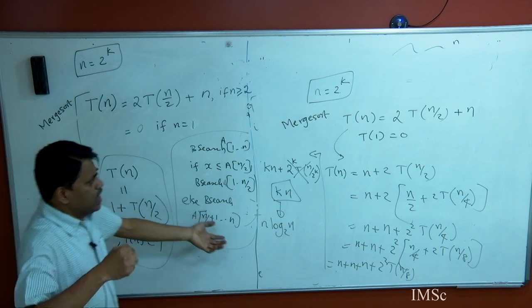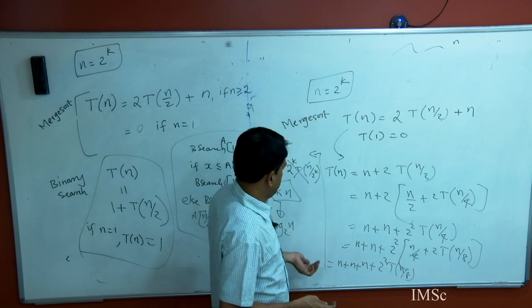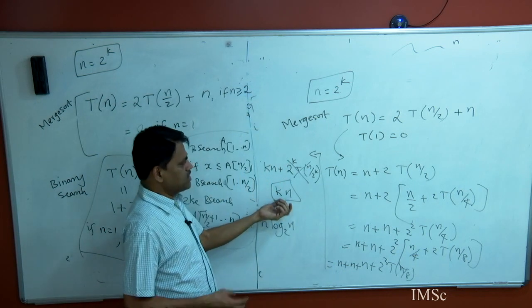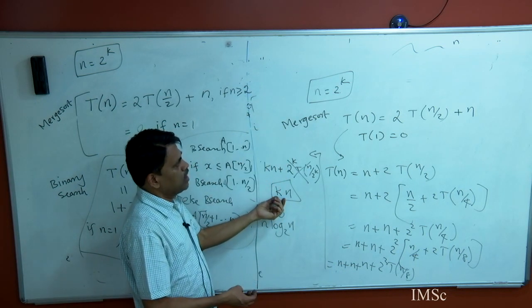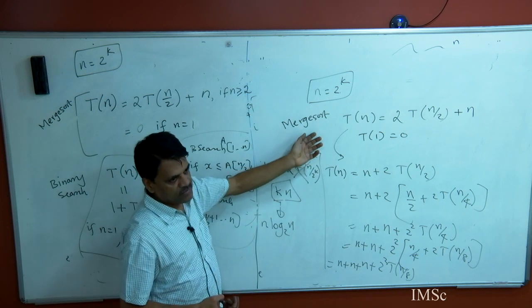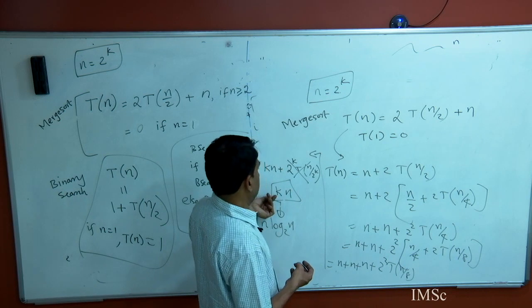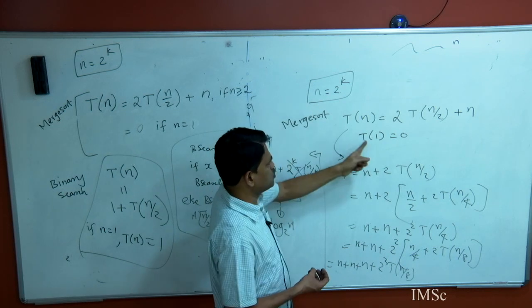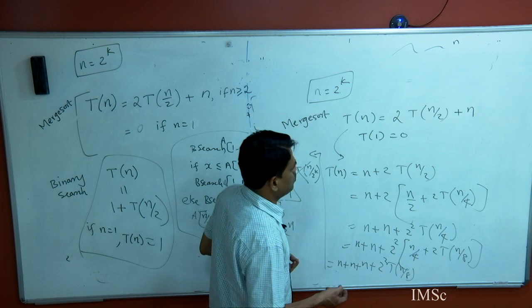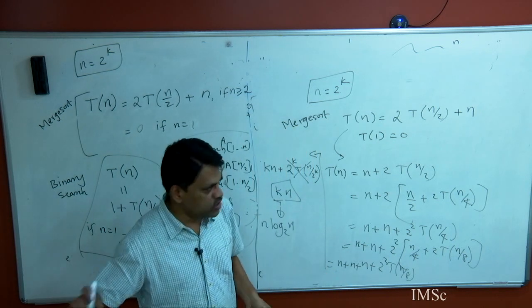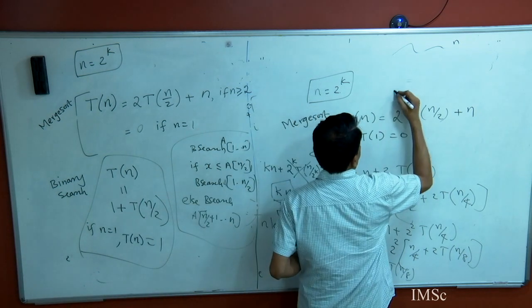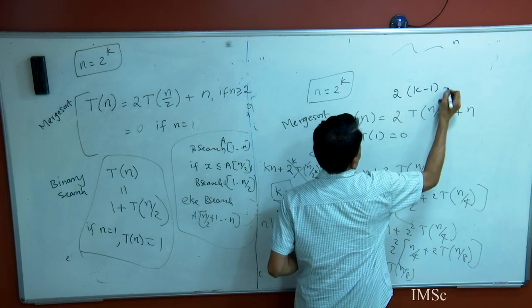Right? So again, this dot dot dot is not a proof, but if you guess this, derive this from this, now you can plug it in and prove by induction. Right? Because when k is 0, this will be 0. So when n is 1, and assume it is true for smaller values of n, then it will be 2 times k minus 1 plus 1.